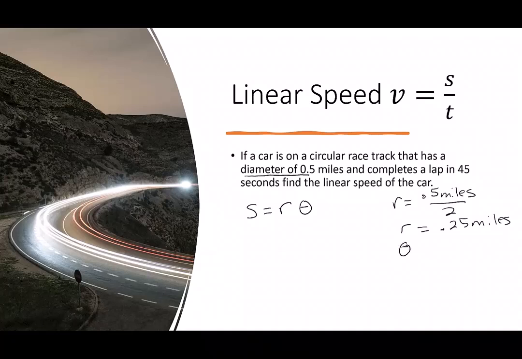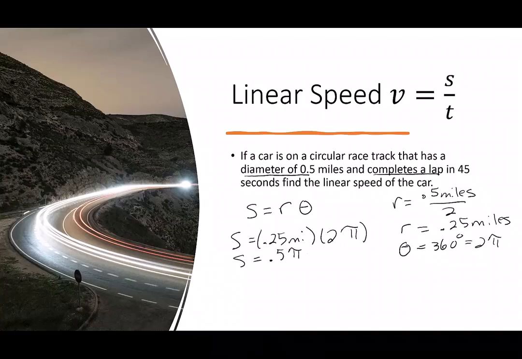Theta is going to be equal to 360 degrees because it says the car completes a lap. Remember, 360 degrees is equal to 2 pi. Our S is going to be 0.25 miles times 2 pi, which says S is 0.5 pi miles.